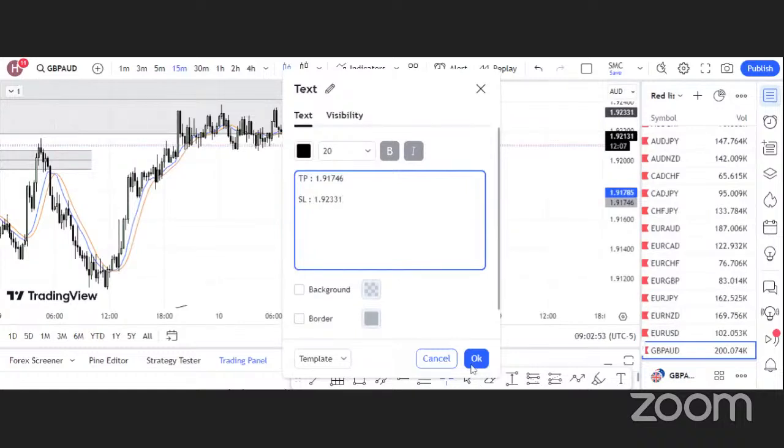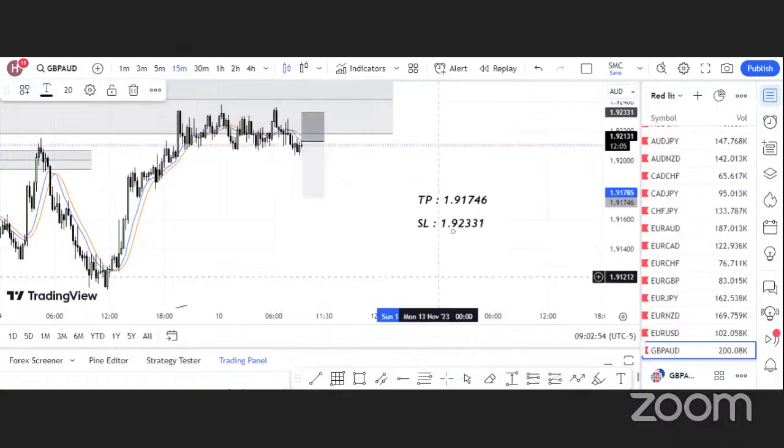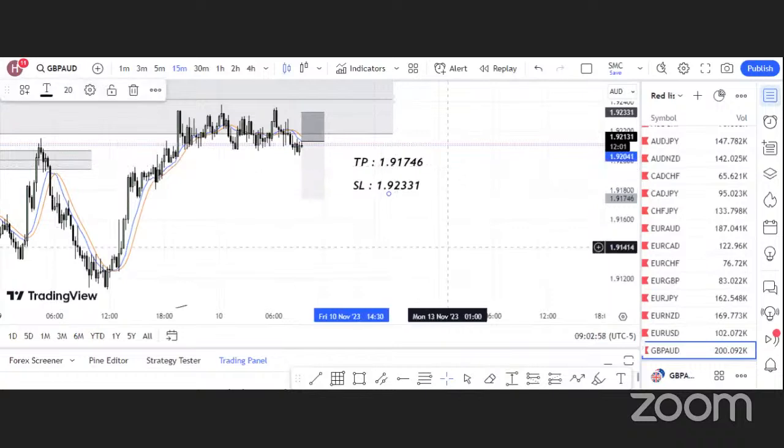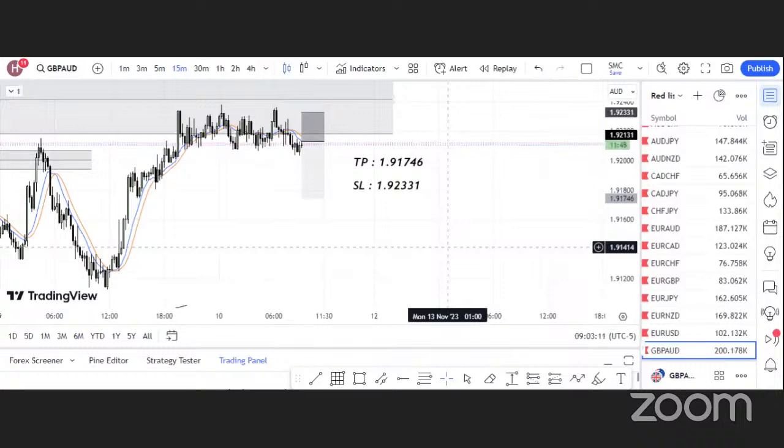So just do it the way I did when we started this session. Just copy these numbers on the TP. Go to GBP AUD. If you are a newbie, this is for you. Go to GBP AUD and click on sell. When you sell, you see that area where it says SL/TP. Click on the button in front of it.